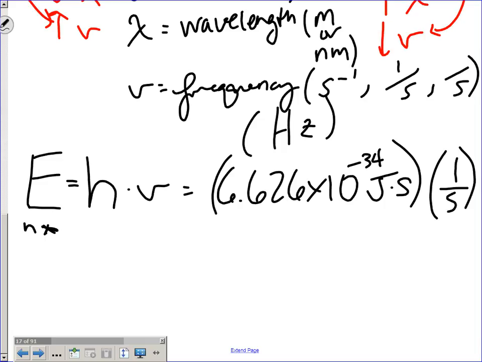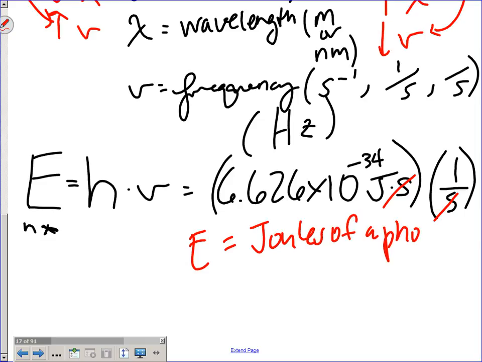What happens to seconds? Cancels out. What's left? Joules. This E is the energy in joules of a photon. A single photon. Okay, so I can calculate the wavelength of one photon traveling. I can find the wavelength, the frequency, and the energy.